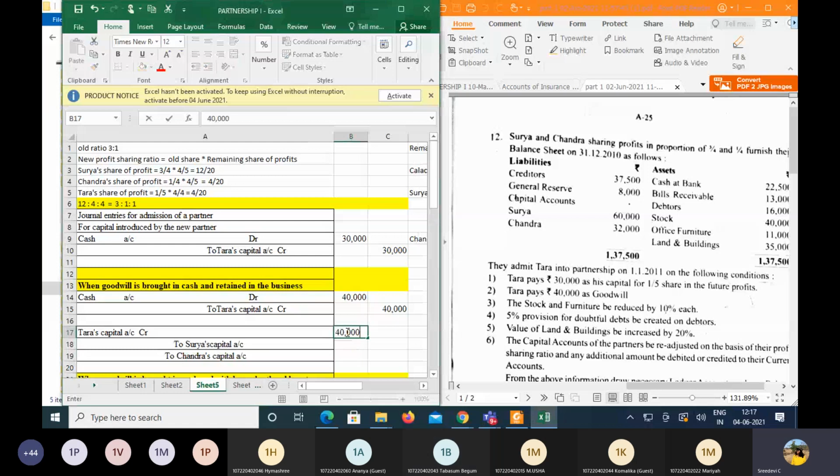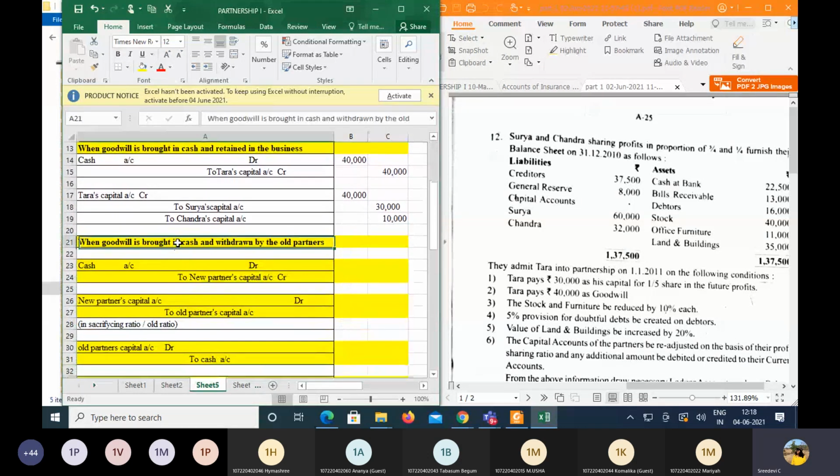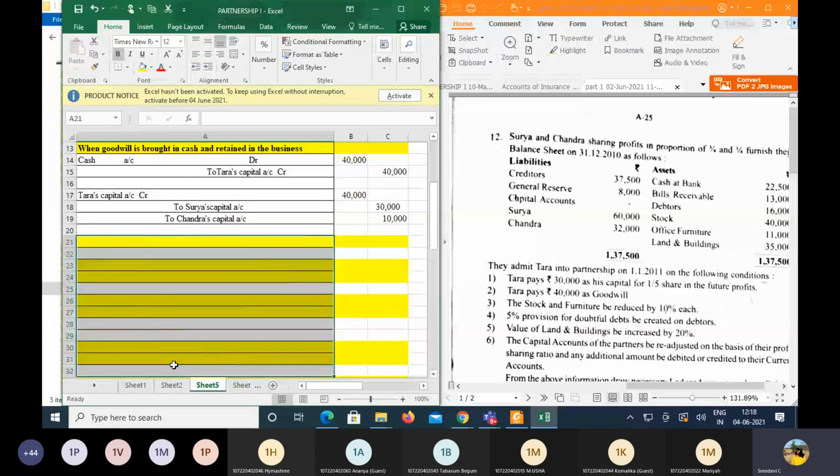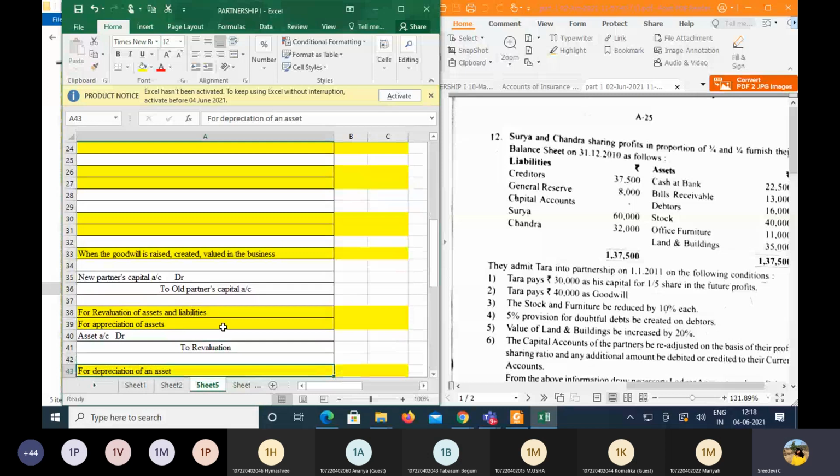Very good. I'm not continuing with the remaining entries, as it's not required at all. So let's delete them. Then moving further to the next, this is also not required. So let's go with the revaluation.